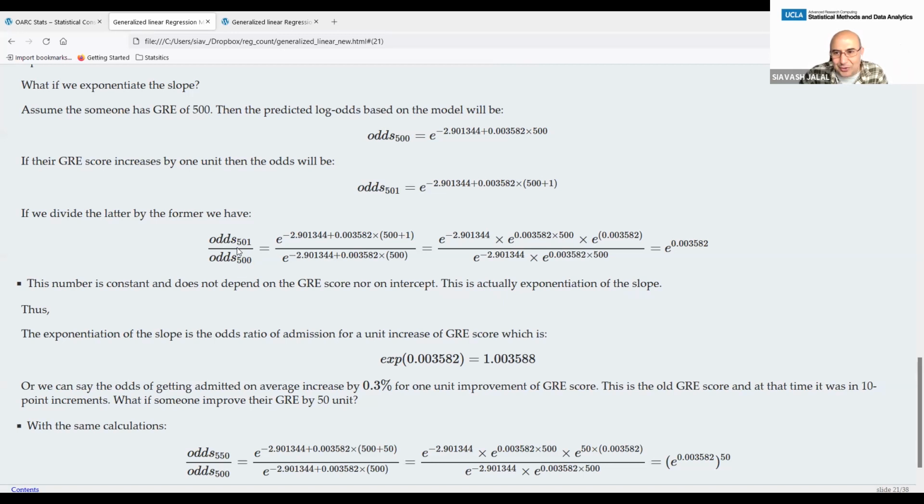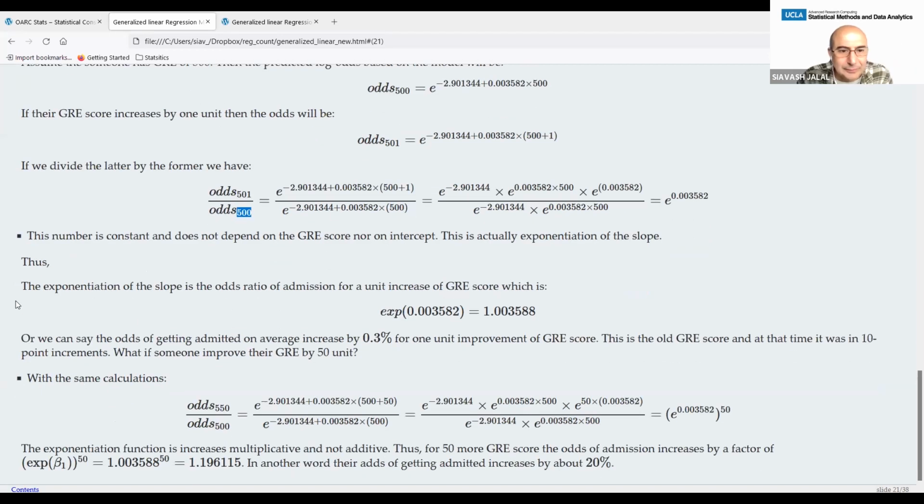And that odds ratio doesn't depend on the value you start with, the 500. Depends on that 1 because this is 1 right here. I multiply that by 1. So we can do this. We can exponentiate that slope.